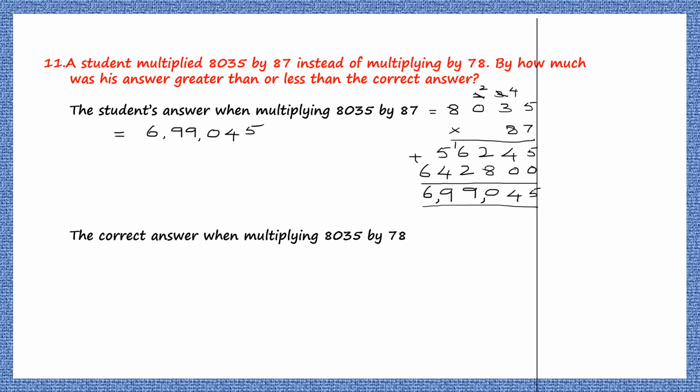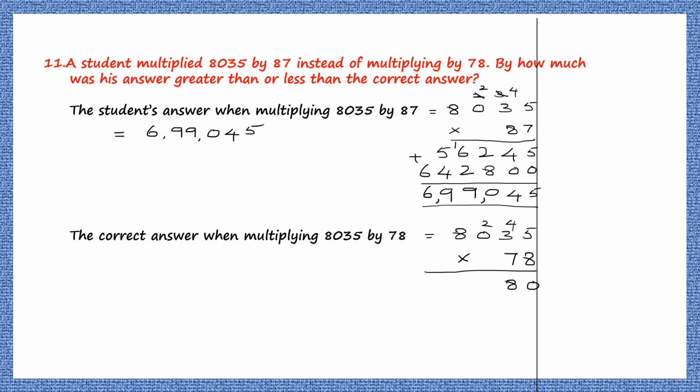Now, the correct answer is when you multiply 8,035 by 78. So let's try that. This time you're going to multiply by 78. He was supposed to have multiplied by 78. Instead, he multiplied by 87. Let's do this. 8 fives are 40. Carry 4. 8 threes are 24. Plus 4 is 28.